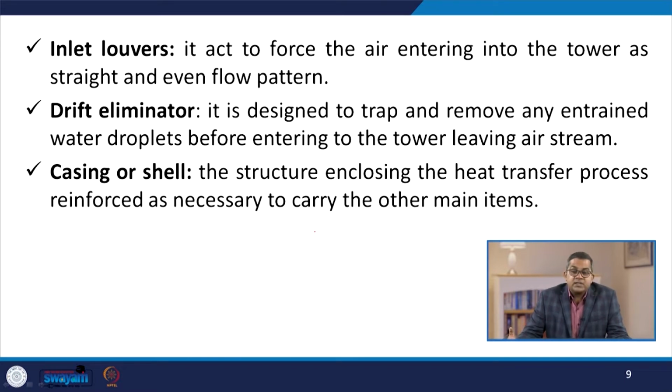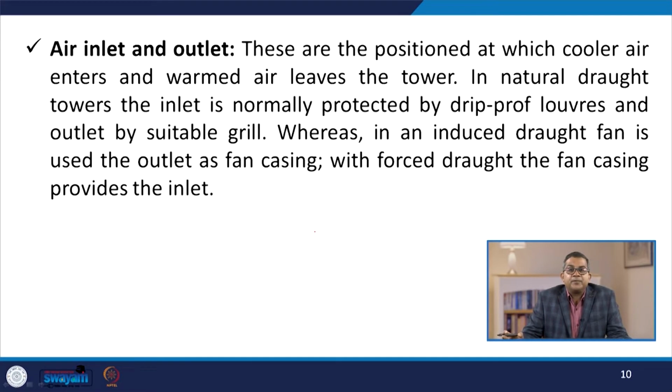Then obviously, with all these things there, we must have a casing or a shell. The structure enclosing the heat transfer process is reinforced as necessary to carry the other main items. Apart from this, these cooling towers have some air inlet and outlet.